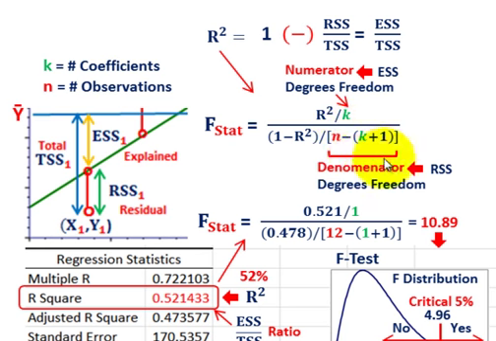So you divide those denominator degrees of freedom into 1 minus your R squared value. And that you divide into R squared divided by K, and that's your F statistic.